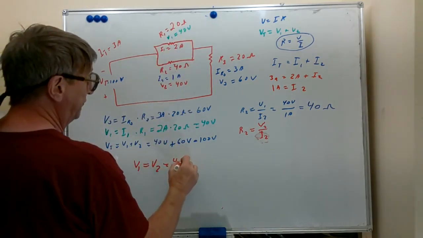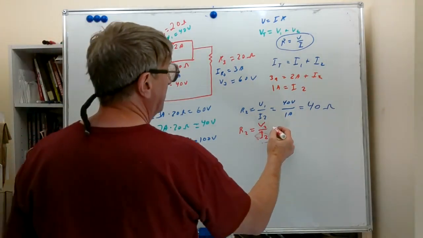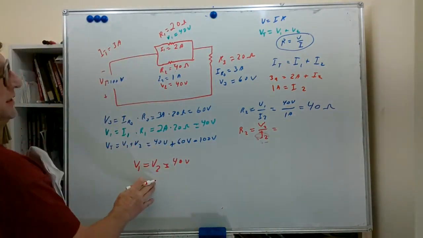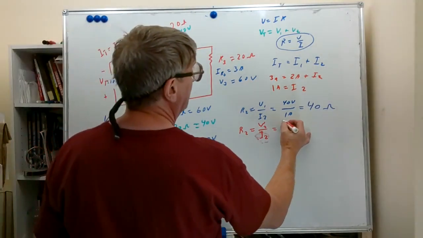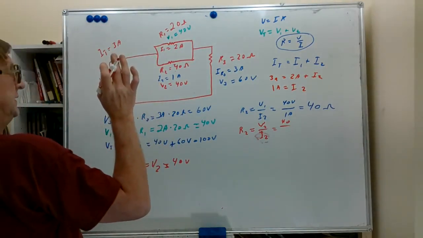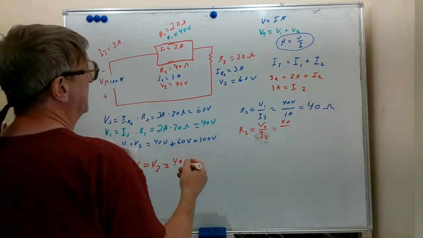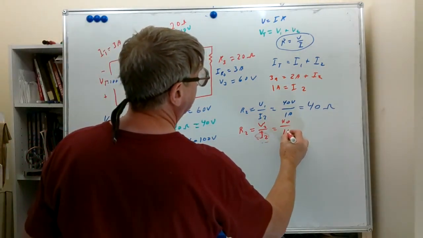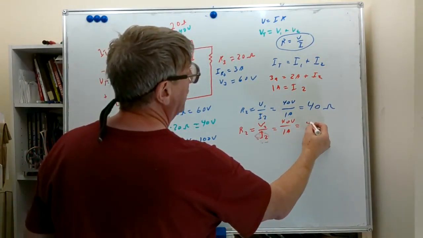They're all equal, 40 volts. And then we could have done our substitution a little differently. After recognizing they're equal, we would look here and say that V2 is 40 volts and put the 40 volts here. And I2, which we calculated earlier from the current summation formula, was 1 amp. And 40 divided by 1 was 40 ohms.